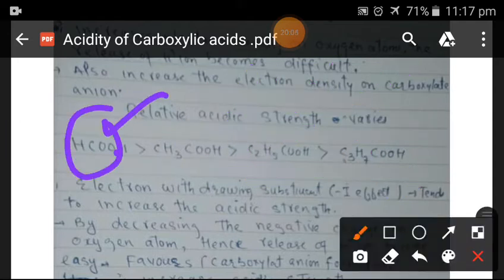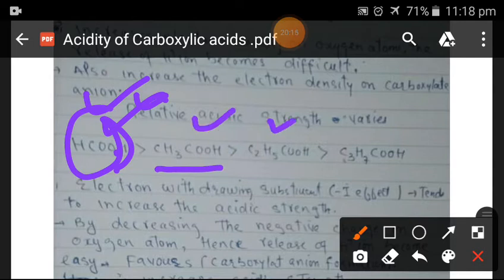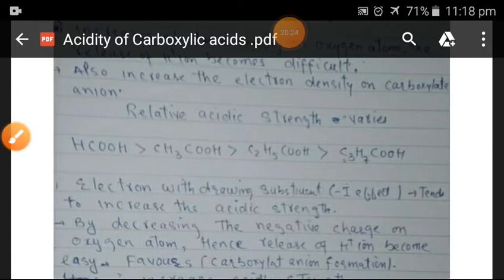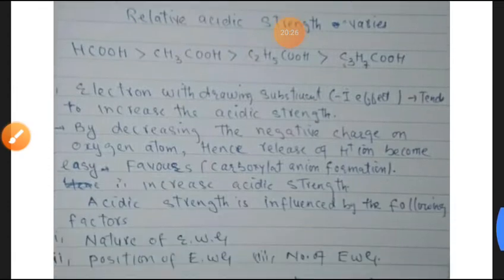So formic acid, which does not carry any alkyl group, is more acidic than acetic acid, which is more acidic than propanoic acid, which is more acidic than butanoic acid. Clear? So this is how the acidic strength varies with electron releasing substituents.